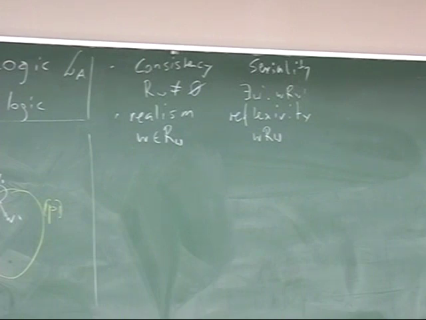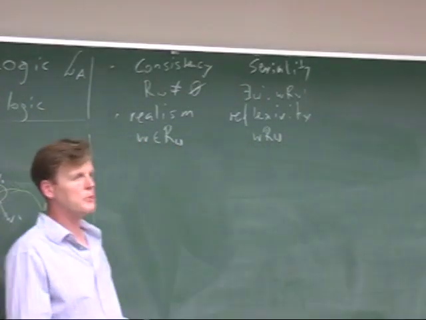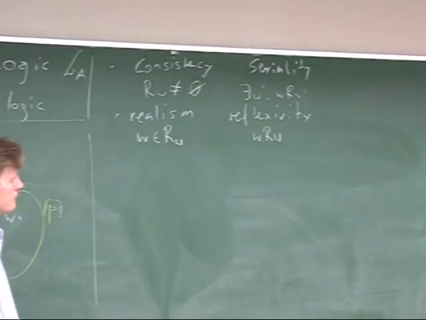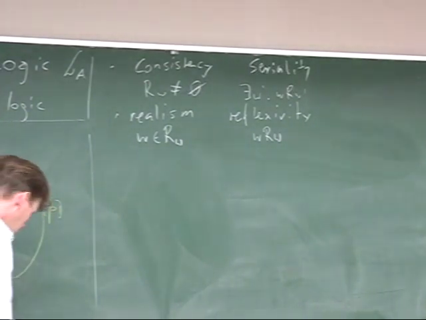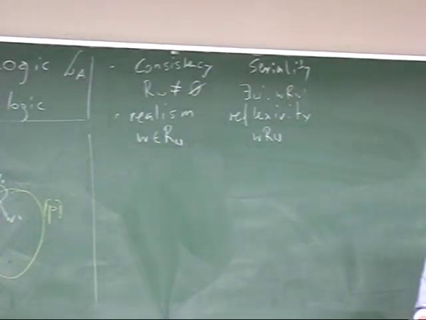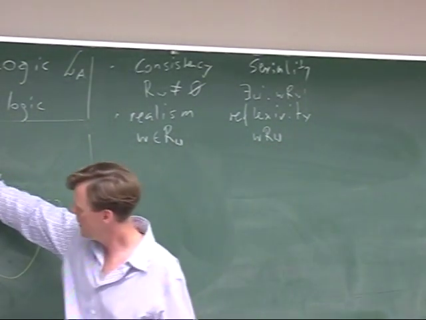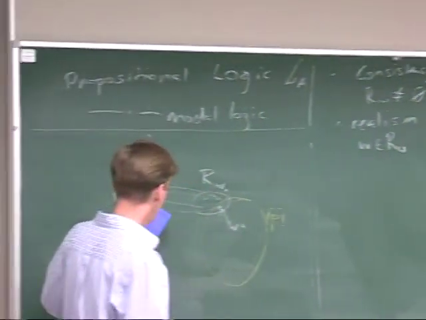And then we have this total realism, which is just a special case of realism. This will show up briefly when we talk about counterfactual conditionals tomorrow. It says that from each world, not only do you have realism, that is, from each world you have this loop around it, but you also don't have anything else.